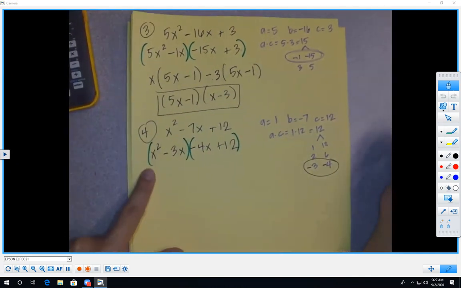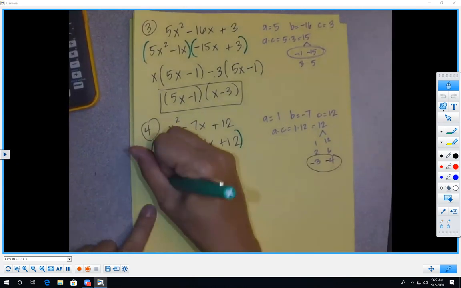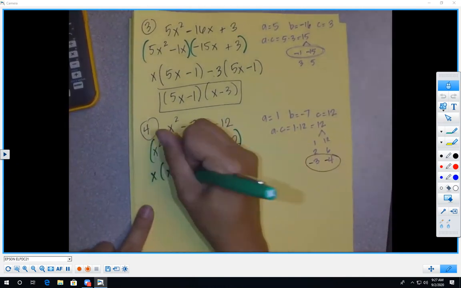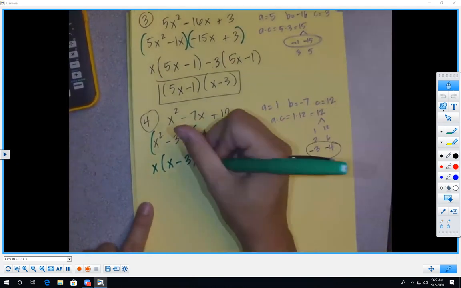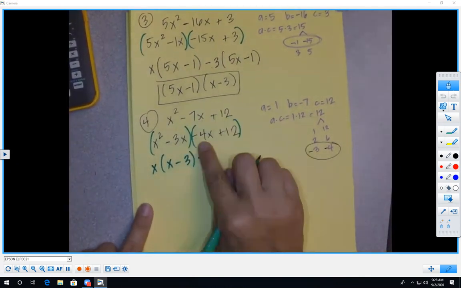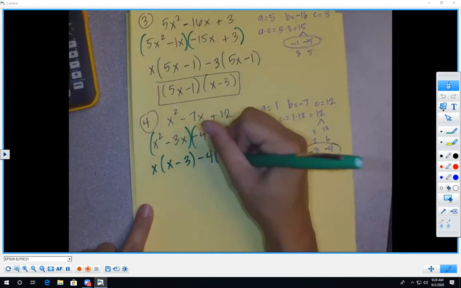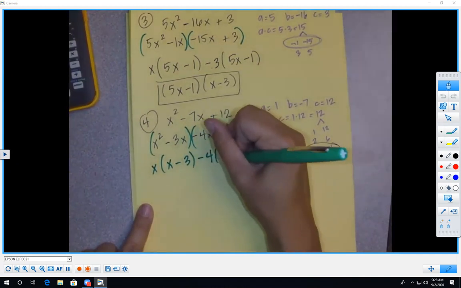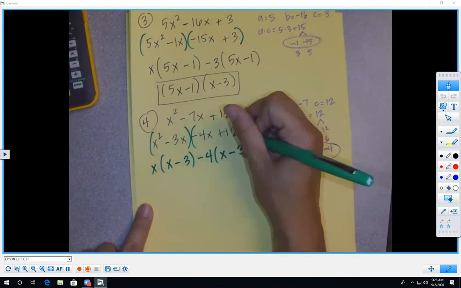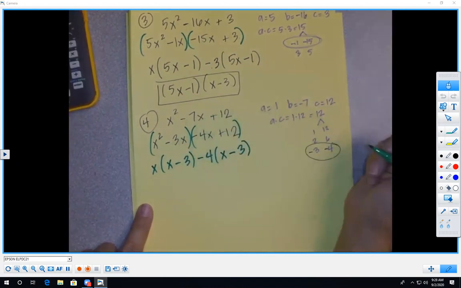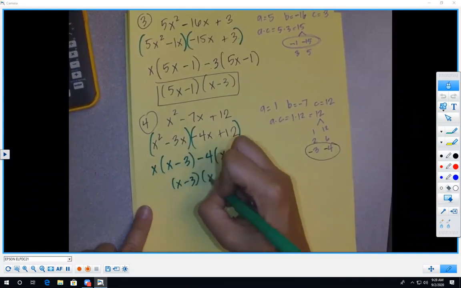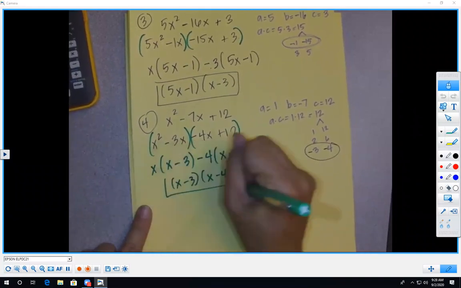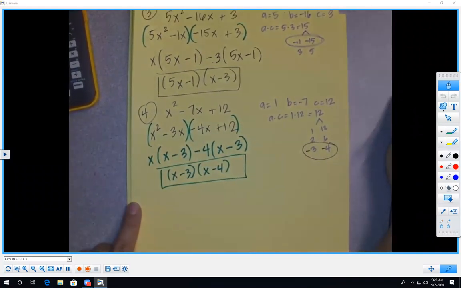X squared minus 3x has an x in common. When I pull it out, left over is x minus 3. Negative 4x plus 12, I have to pull out a negative 4 because the first thing is negative. When I pull out a negative 4, left over is x minus 3 because 12 divided by negative 4 is negative 3. And then they have x minus 3 in common, and left over is x minus 4. And that's your answer.